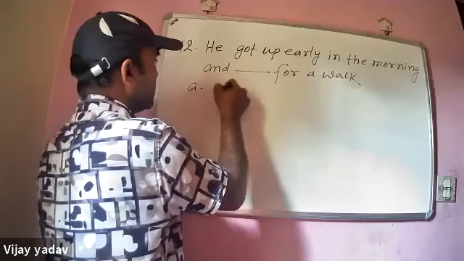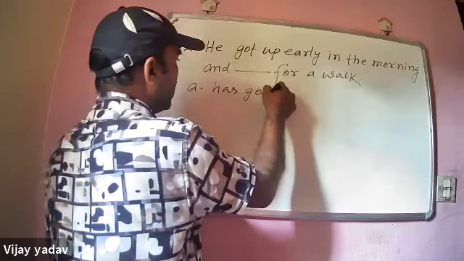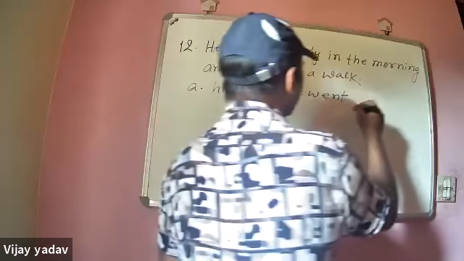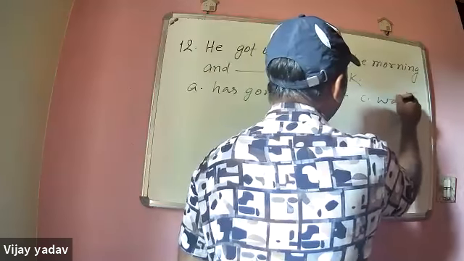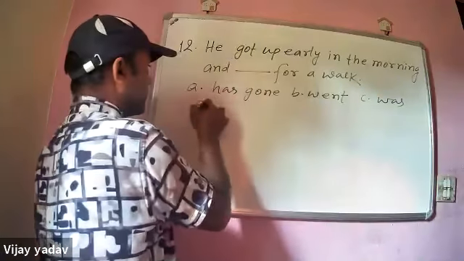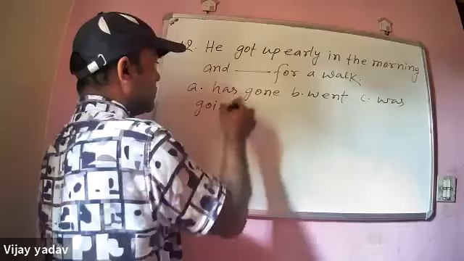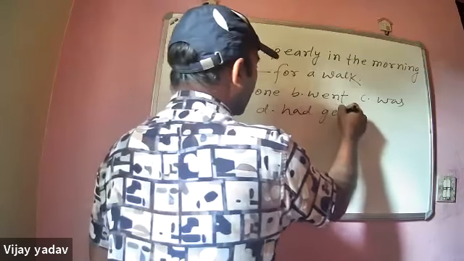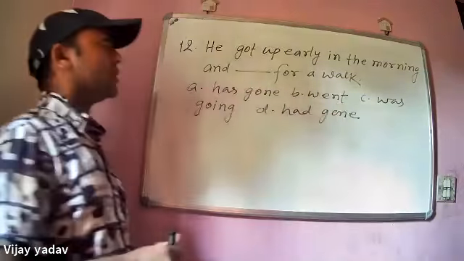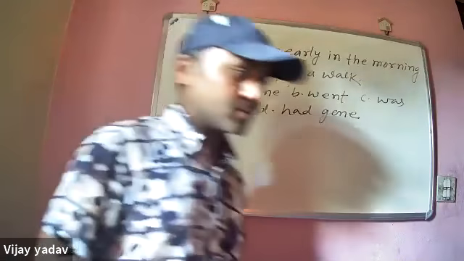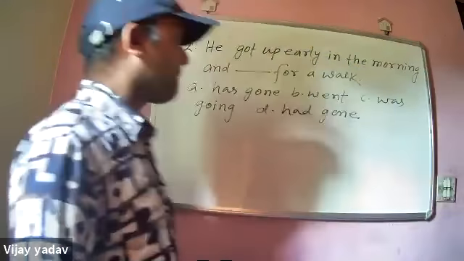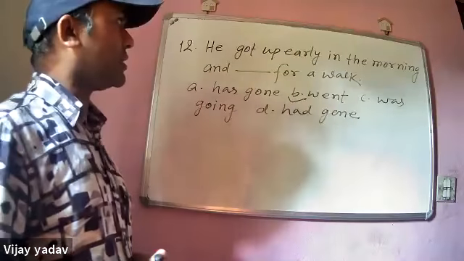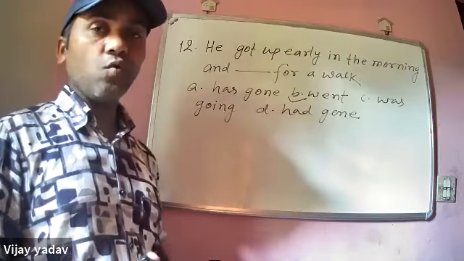Options: has gone, went, was going, had gone. Okay, which option is correct? Option B. Right. He got up early in the morning and went for a walk.